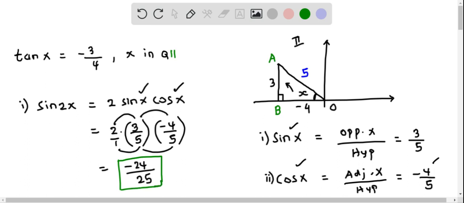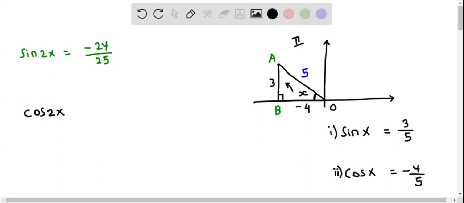We now determine cosine 2x. According to the double angle formula, cosine 2x equals 2 cosine squared x minus 1. In fact, there are three more formulas for cosine 2x. However, I'm using this one, 2 cosine squared x minus 1. Now we have to replace cosine x by negative 4/5.